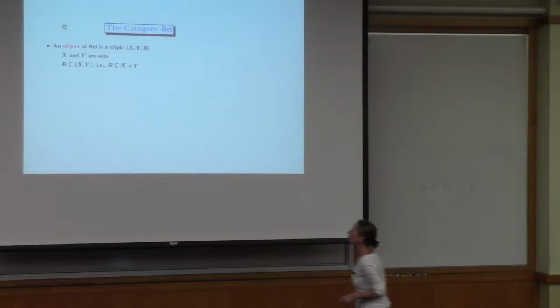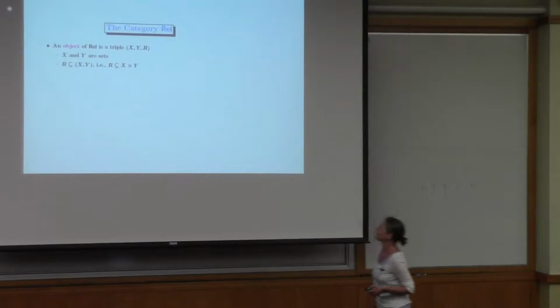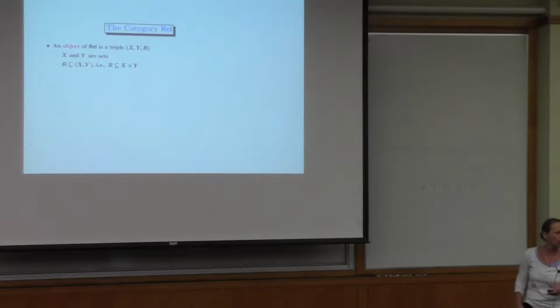So I want to make this category called Rel, and an object of it is just going to be a triple. The important part here is the R. This is the relation, but a relation always comes with a domain and a codomain. So I think of it as a triple: the domain, the codomain, and the relation. But the only interesting part is really the relation.